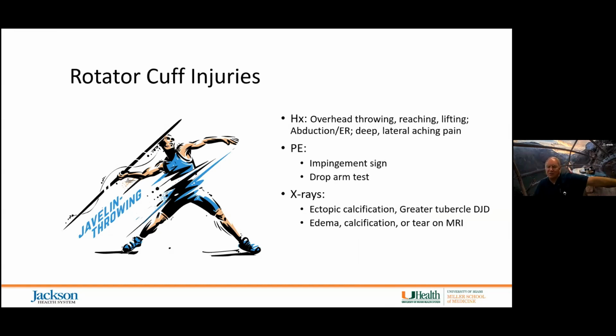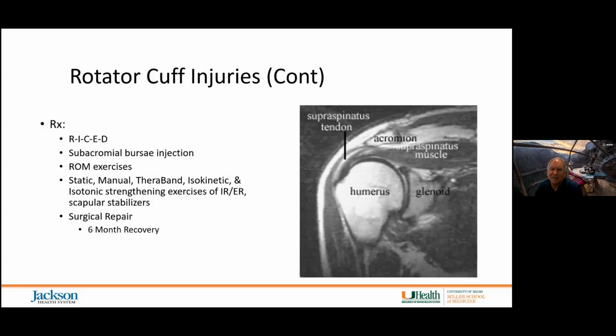If you drop the arm and they can't hold it there, you probably have a complete tear as opposed to a partial tear of the supraspinatus tendon. On X-ray, you're going to see potentially ectopic calcification, greater tubercle degenerative joint disease. On MRI, you're going to see some edema, calcification, and or a complete tear.